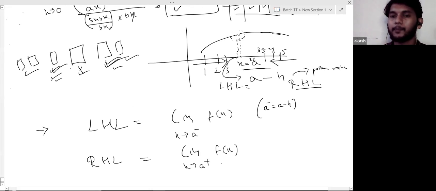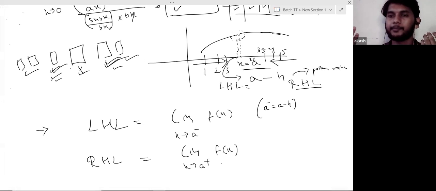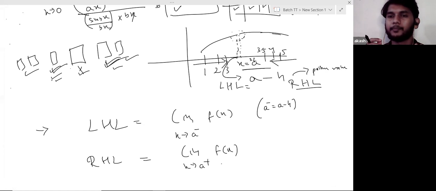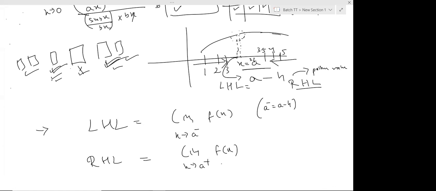We add something to it. Right neighborhood, left neighborhood. LHL, RHL. All right. Note it down. Sahel, this is clear? Everything about limits? Yes, sir. Clear. All right. Note it down.